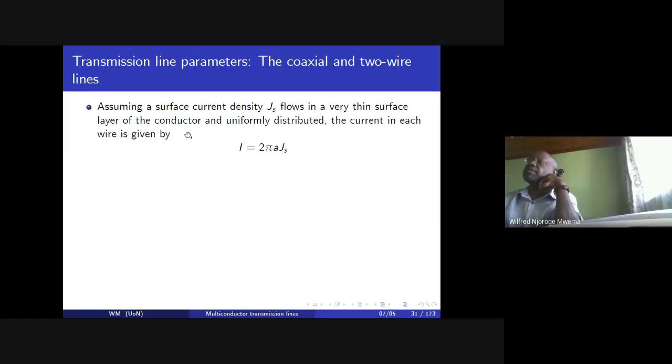And if we assume the surface current density Js to be flowing only in a very thin surface layer of the conductor, that is when the conductivity is very high, and it's then uniformly distributed over the circumference, the current in each wire will be given by I equal to 2 pi A, that is the circumferential length, multiplied by the surface current density Js, because this is usually current per unit length.